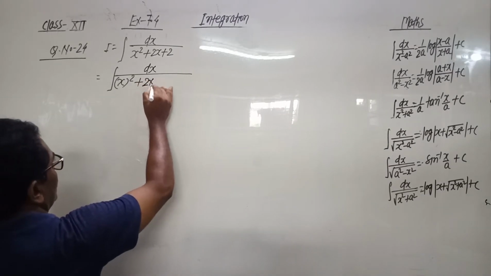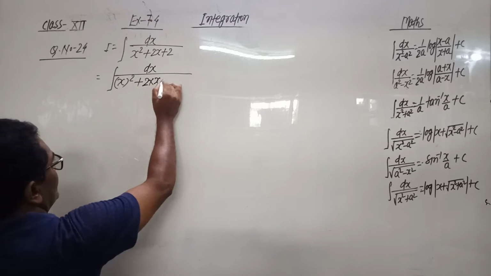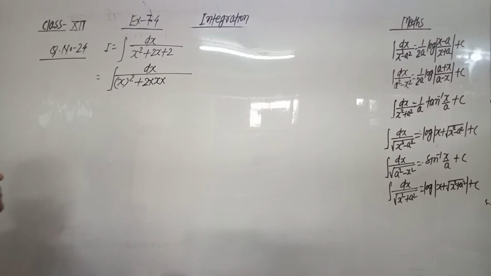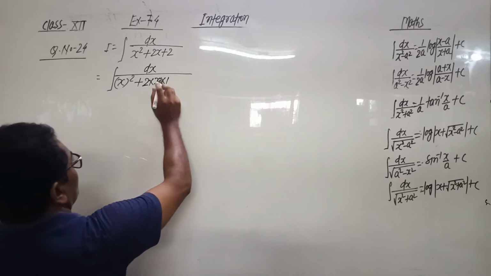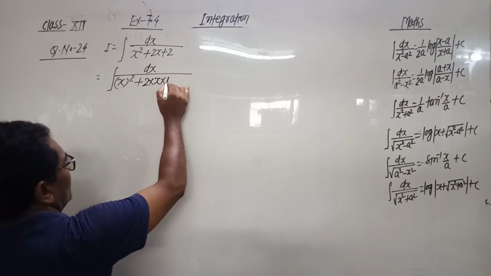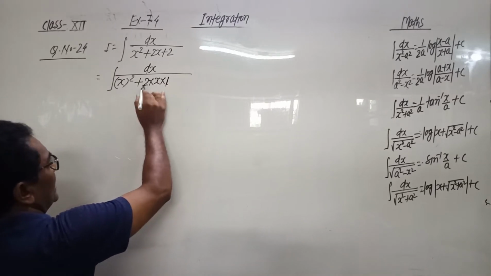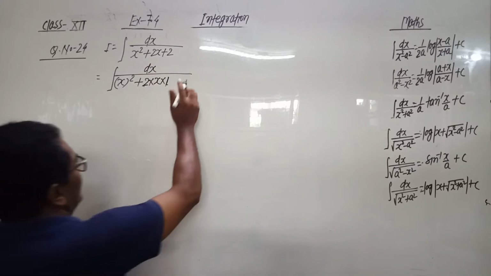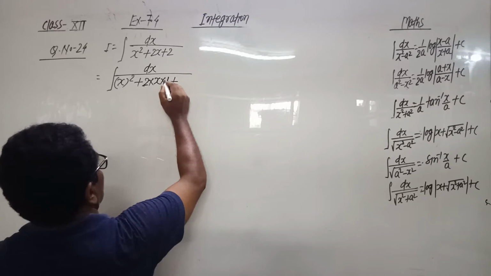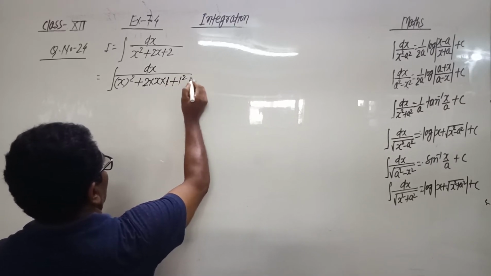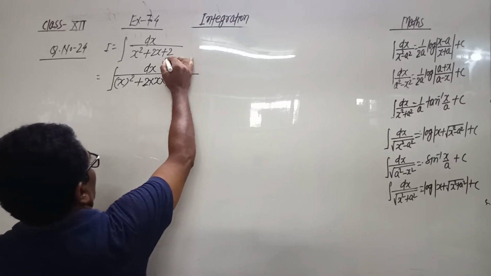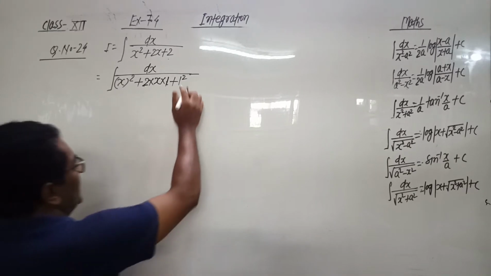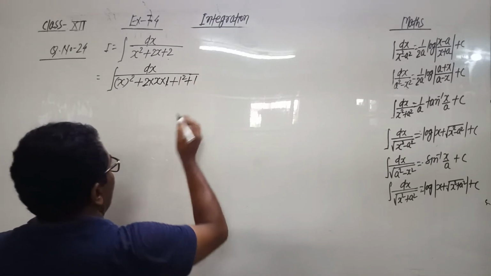So 2 into a, the value of a is x, and the value of b would be taken 1, because when we take 1, we get 2 into x into 1 as 2x. Then plus b square. b square means 1 the whole square, and there is constant term 2. So for getting 2, we will have to add 1.